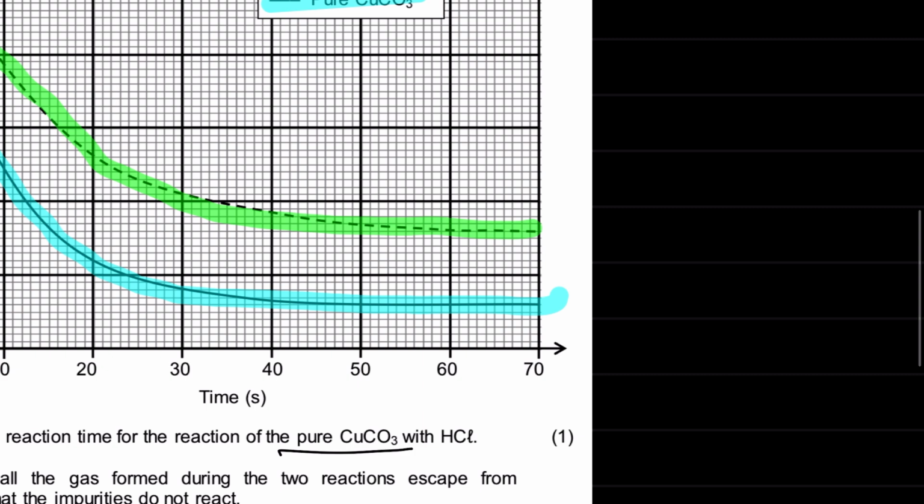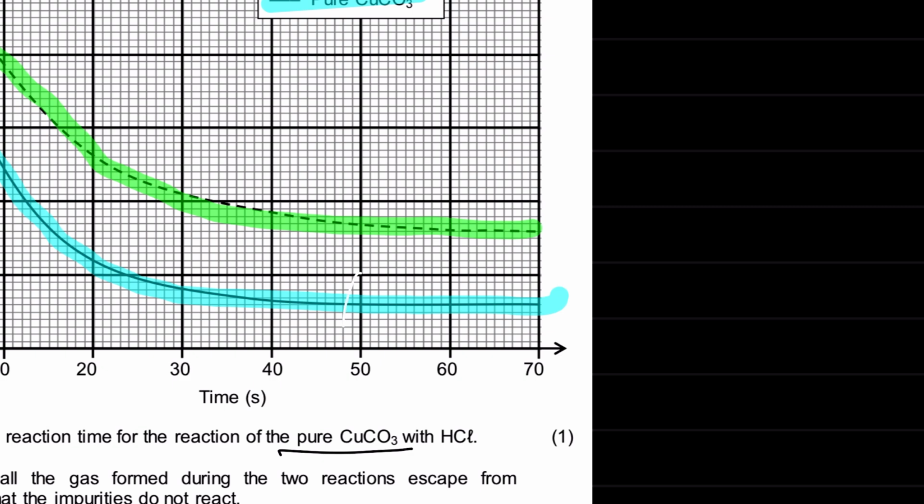Now the question says, write down the reaction time for the reaction of pure copper carbonate with HCl. What we're looking for is where the line straightens out, or where it becomes parallel to the x-axis. If you're following this blue line, that's going to be roughly in this region, because from here it more or less straightens out.